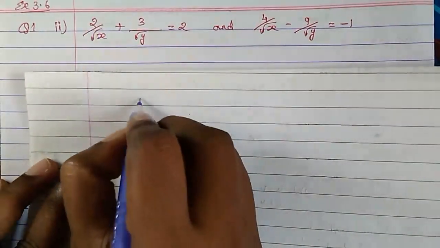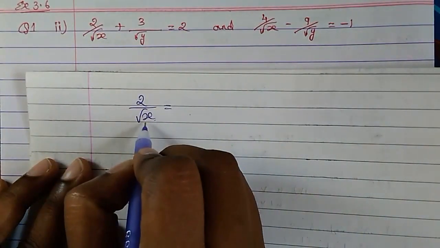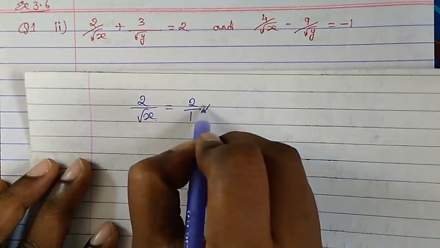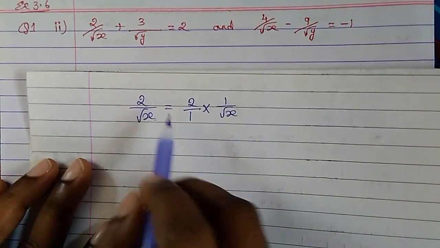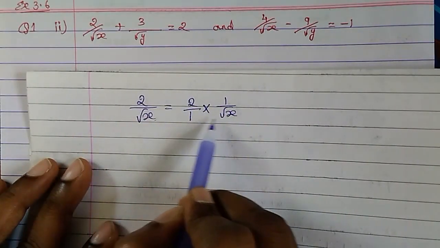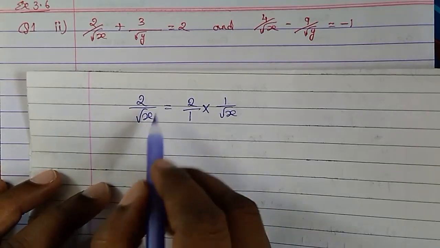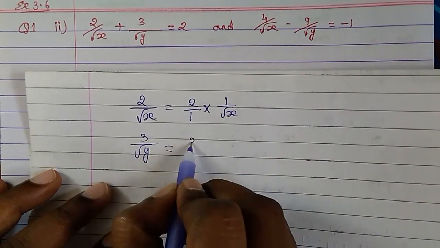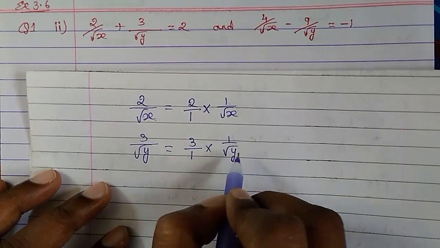So here 2 upon root x can be written as 2 upon 1 multiplied by 1 upon root x in expansion form. When we multiply, 2 into 1 will become 2, 1 into root x will give us root x only. Same way, 3 upon root y can also be written as 3 upon 1 into 1 upon root y.